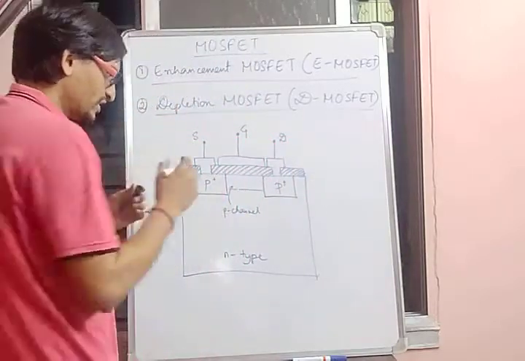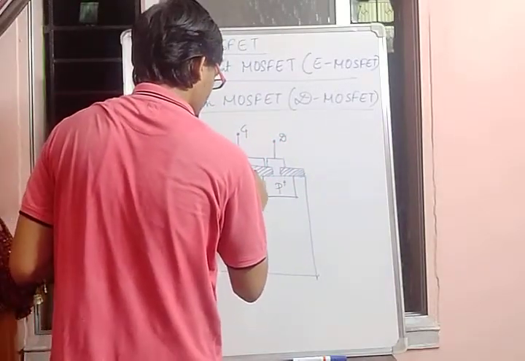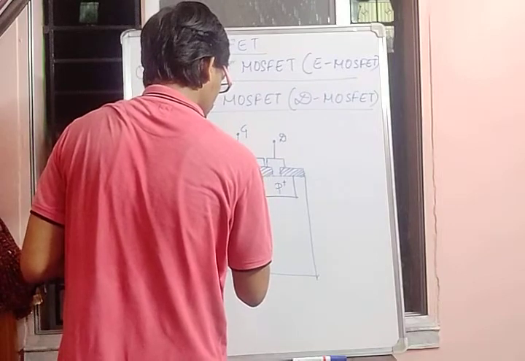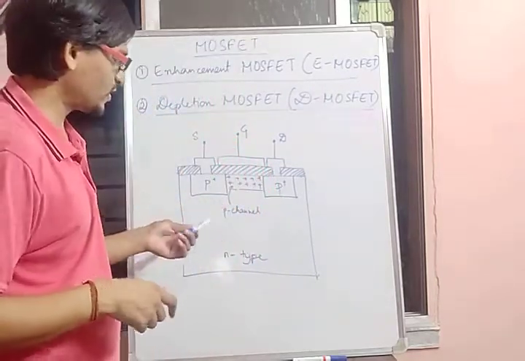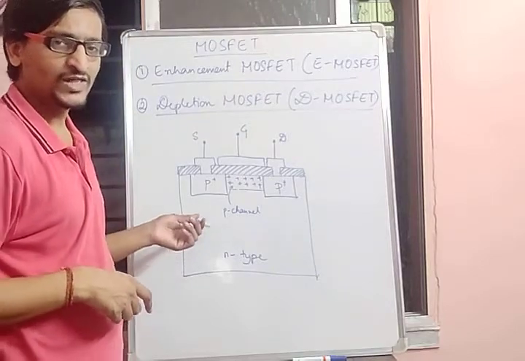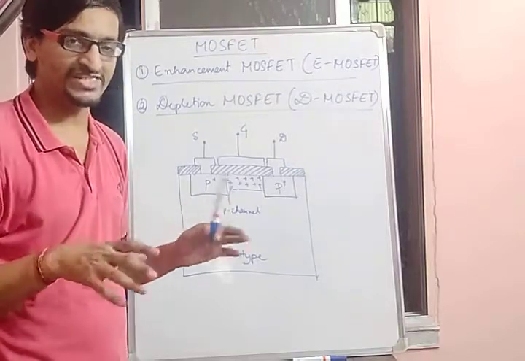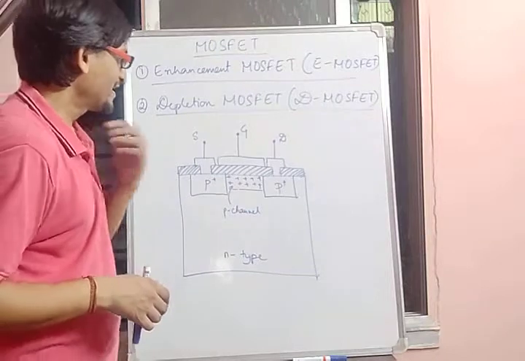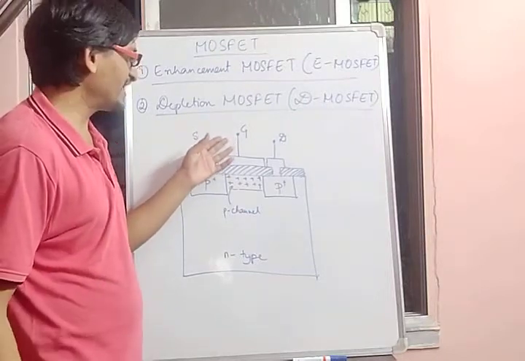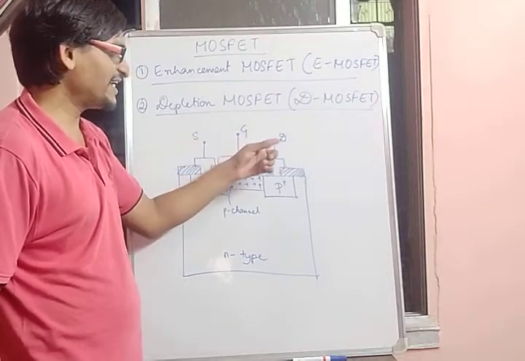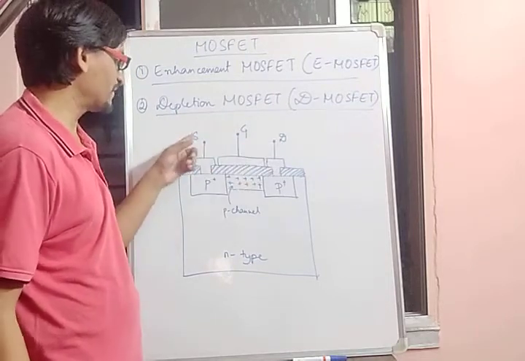So this is basically the construction of a P channel MOSFET which is designed to be operated in depletion mode. What will happen if I don't apply any gate voltage, and if I apply a negative voltage at the drain terminal with respect to source?